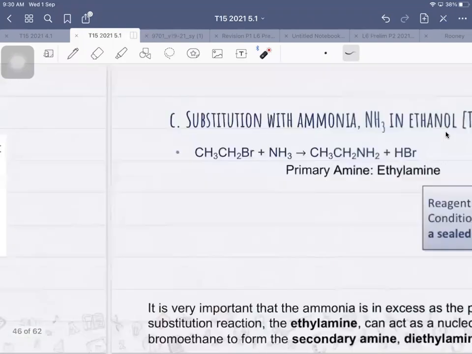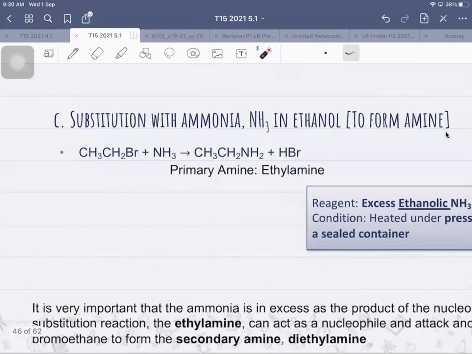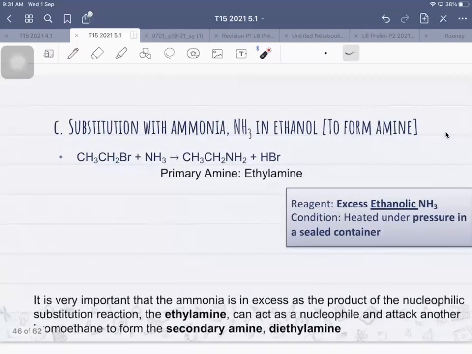Okay, moving on to this substitution reaction with ammonia. Again, ammonia needs to be dissolved in ethanol. So we do not want aqueous form.